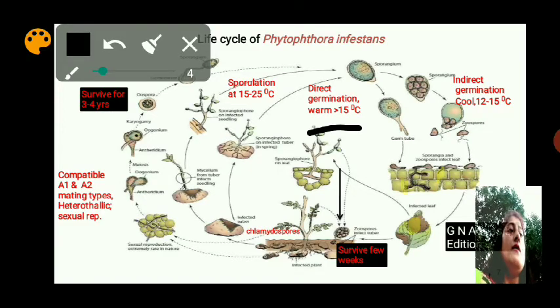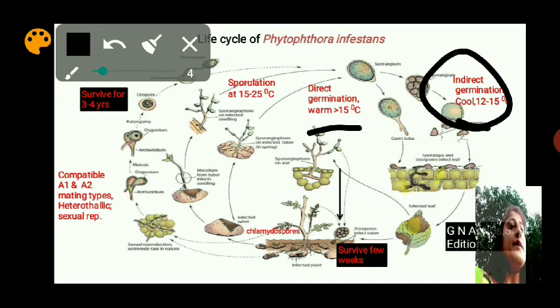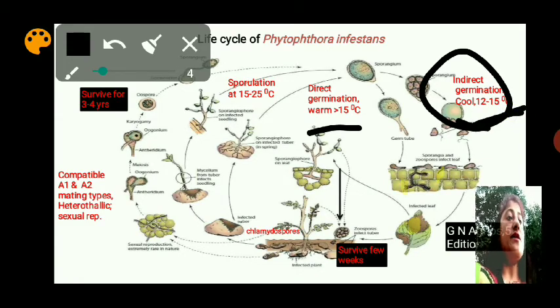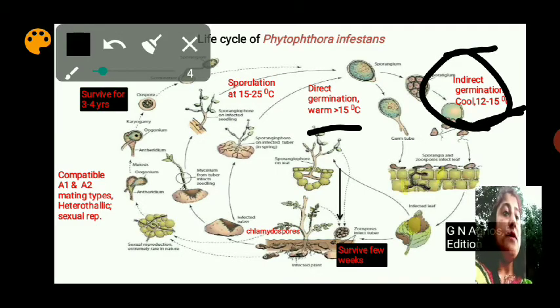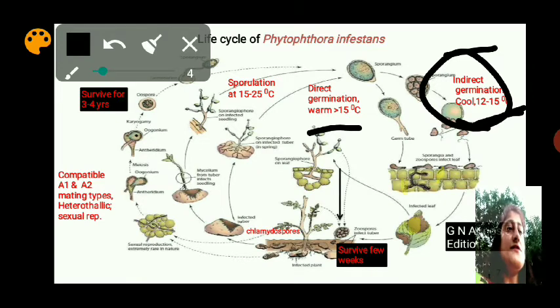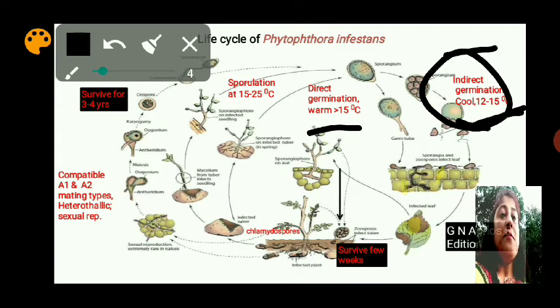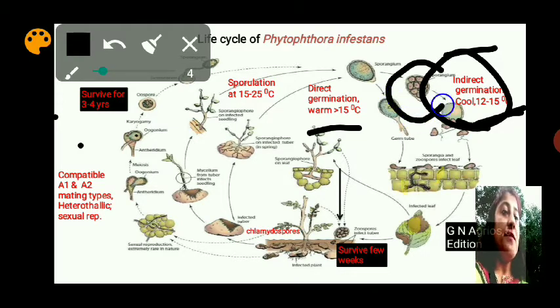But when atmospheric conditions are not that favorable, that is, if the temperatures are between 12 to 15 degrees centigrade and the humidity is much less, in that case the sporangium undergoes indirect germination.